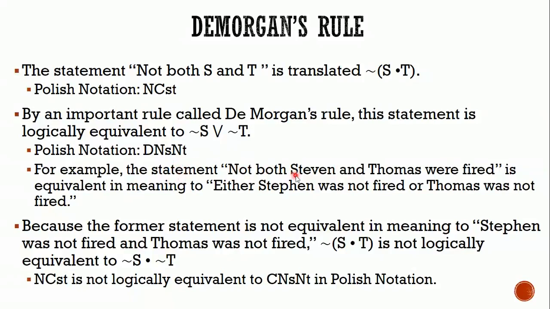For example, the statement "not both Stephen and Thomas were fired" is equivalent in meaning to "either Stephen was not fired or Thomas was not fired." The former statement is not equivalent in meaning to "Stephen was not fired and Thomas was not fired." This is not equivalent to not S and not T.